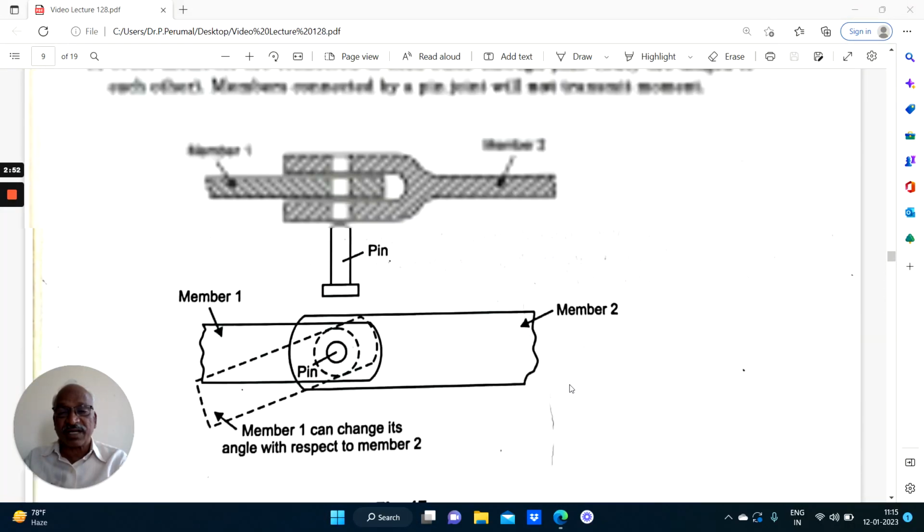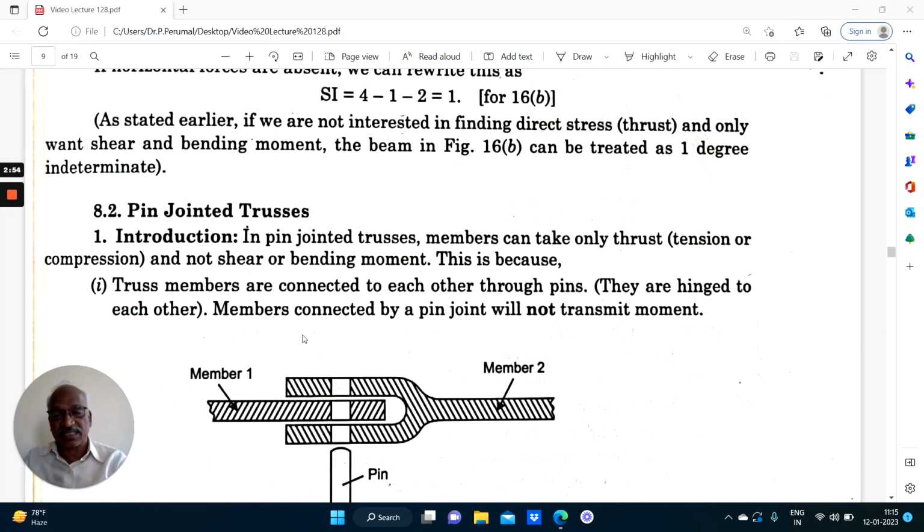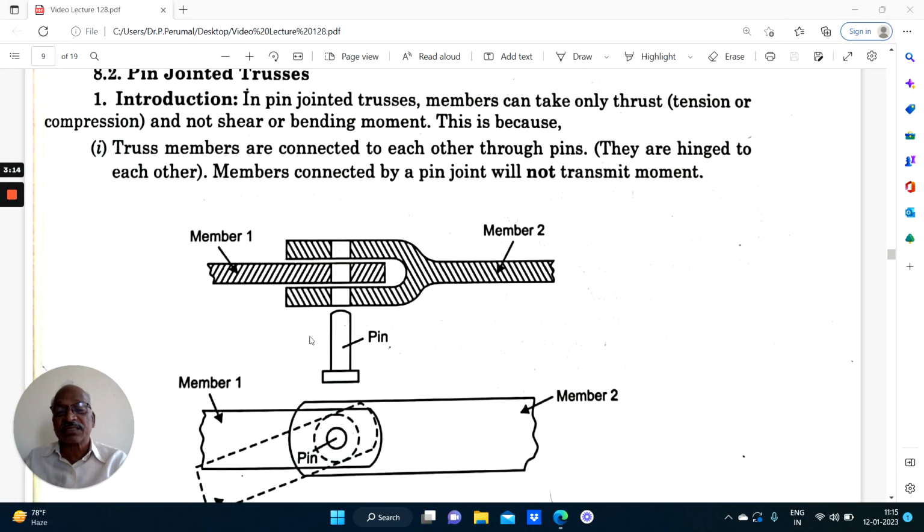Now in this lecture, we'll take up pin-jointed trusses. The members of a pin-jointed truss can take only tension or compression, that is, axial force only. It is not capable of taking a bending moment because the members are connected by means of hinges.